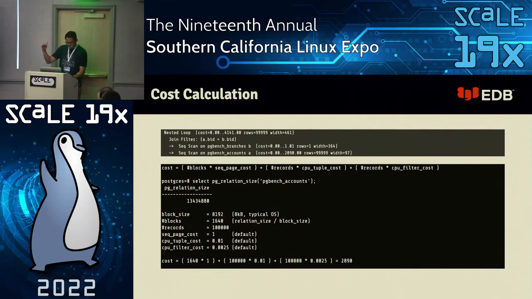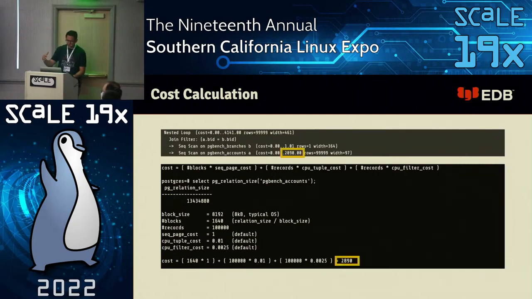If you go through these, since you know that there are 100,000 records in the accounts table, you can plug those in. The block size is typically 8 kilobytes on a standard OS, and the number of blocks, which is the relation size divided by the block size, is 1640.